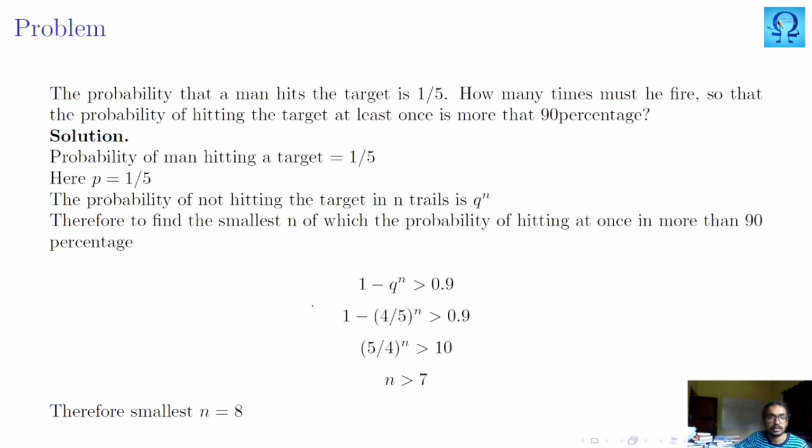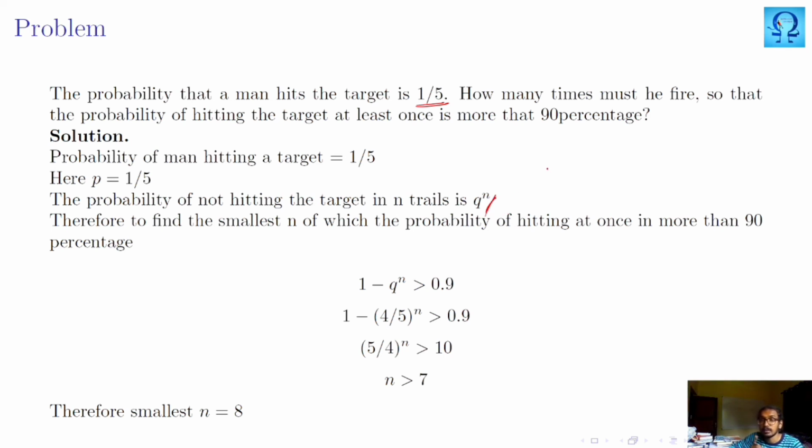Okay, and here you see the probability that a man hits the target is 1 upon 5. How many times must he fire so that the probability of hitting the target at least once is more than 90 percent? Okay, at least once. It means suppose that he has obtained failure till nth trial, so the probability is q to the power n.